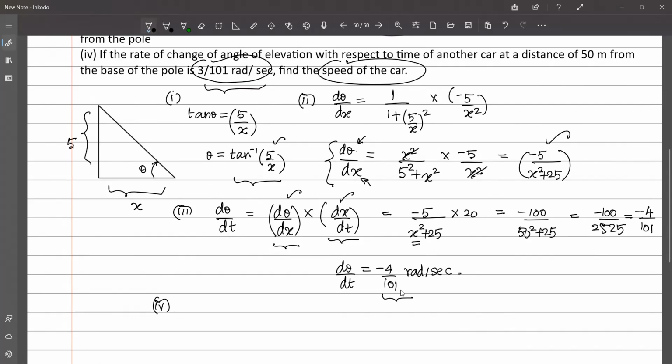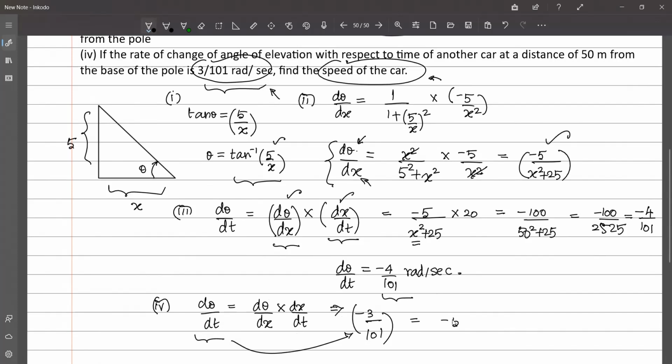So for this question, since the angle of elevation is different, the speed of the car is also different. So I'm going to find that out now. Using the same d theta by dt is equal to d theta by dx times dx by dt. In place of d theta by dt, I'm going to use minus 3 by 101, that's equal to, what is d theta by dx?